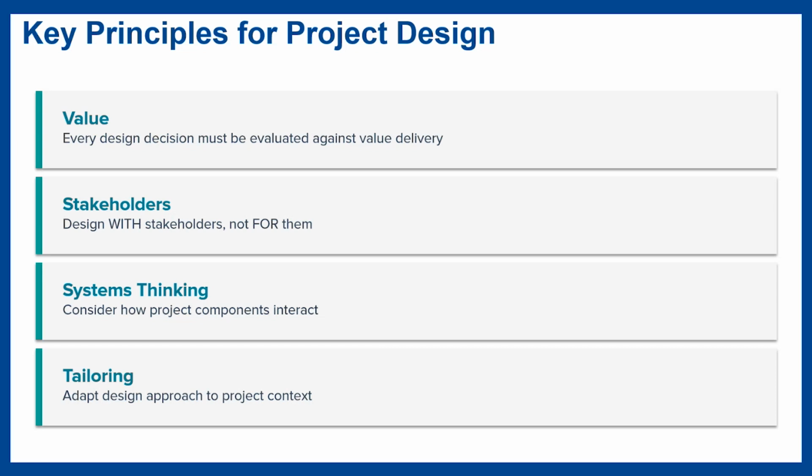The next one is stakeholders. This principle emphasizes collaboration over assumption. It means that people who are affected by a project should be actively involved in shaping it, not just receiving the final product or plan, or being consulted for decisions after the project has already been implemented.